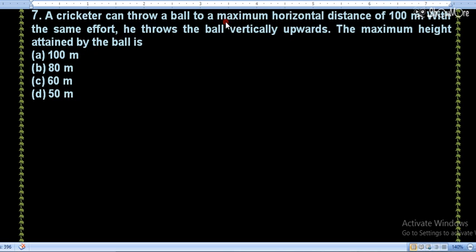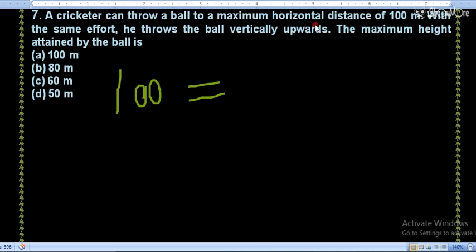So now for the first case, the horizontal distance is given. That means this is the range for the question. So range is 100.